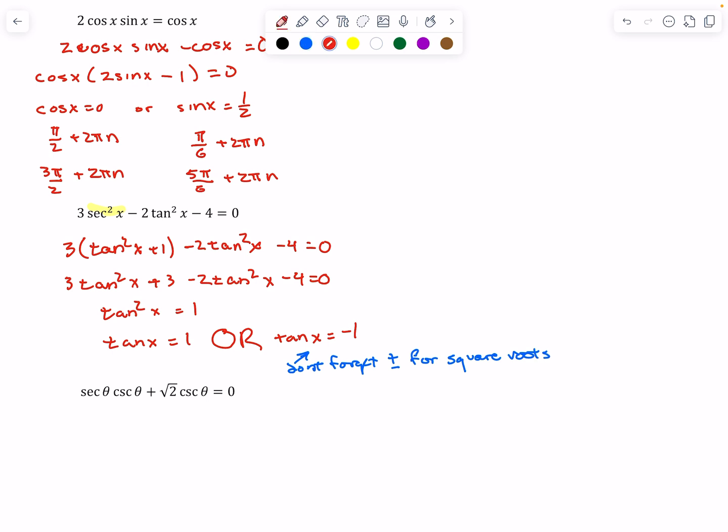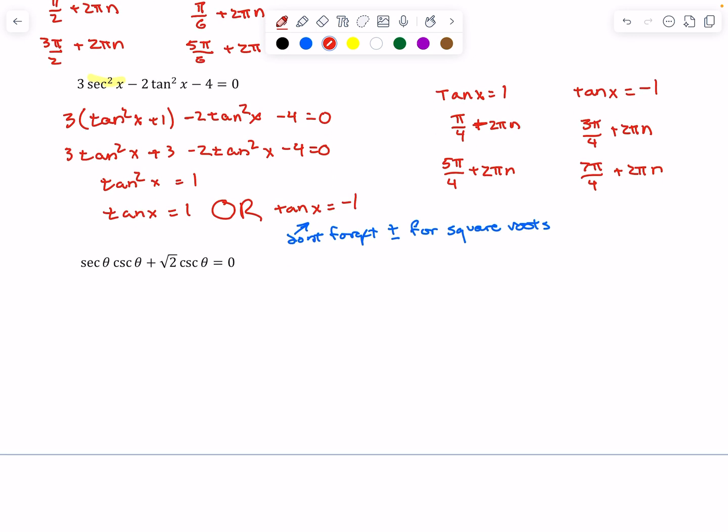Okay. So then we've got, let's see, tan is 1 at pi over 4 when sine equals cosine. And 5 pi over 4, the third quadrant version. Tan is -1 at the second and fourth quadrant.